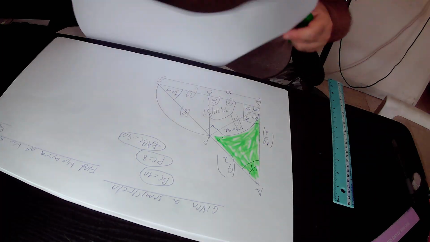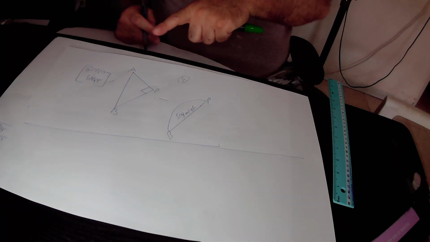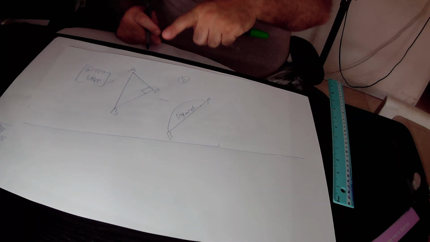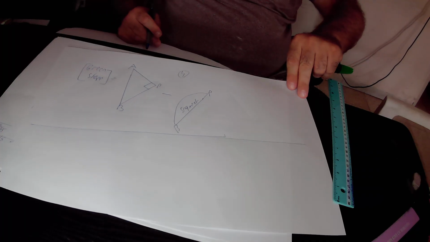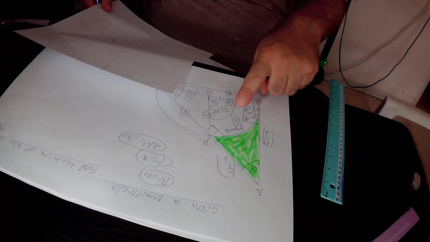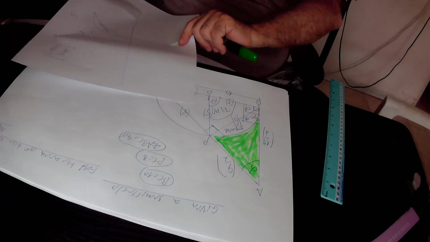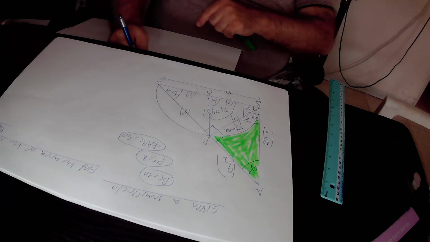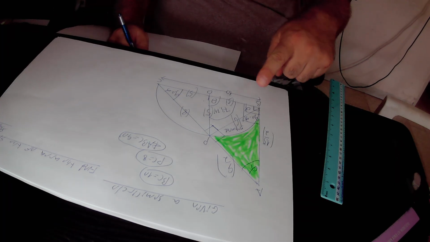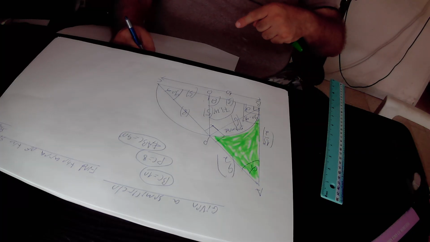Because again, the area of the green shape equals the area of the right triangle APB minus the area of segment BP. AP equals 9 over 2, which is 4.5. Side BP equals 6 units in length.